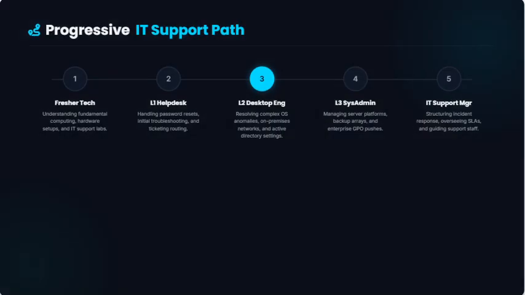Next, how does the career path go in IT support? When you are new, when you have just started, you will be a fresh tech, which is L1, level 1 support. Once you gain experience, you get level 1 help desk, after that level 2 desktop engineer, level 3 will be system administrator, and the top level is IT support manager.